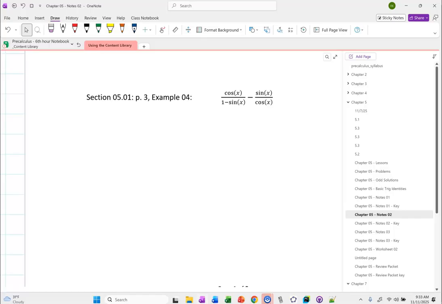What do you do if you have two fractions and you're subtracting them? Mark? Yeah, you'd want to make a least common denominator, and that's what we're going to do here. I think that's the best first move. What would the least common denominator be between these two fractions?